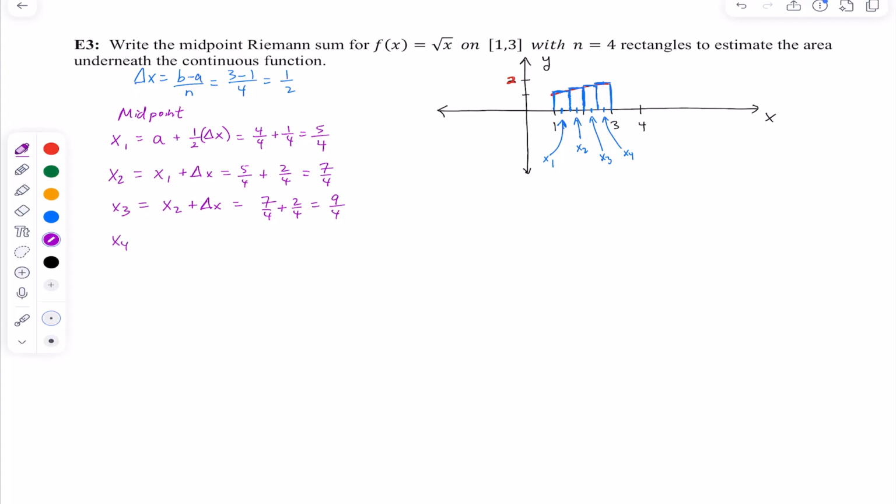And finally, the last midpoint is the previous midpoint plus delta x. We're ready to find our midpoint Riemann sum.